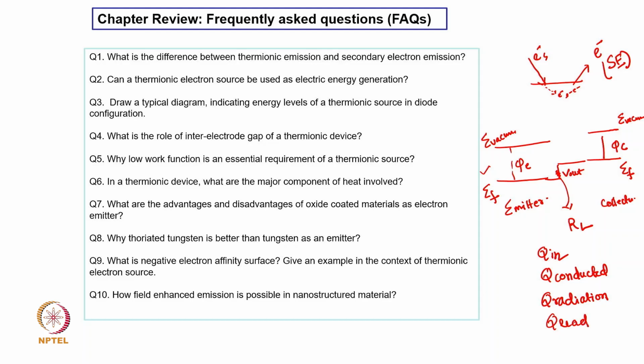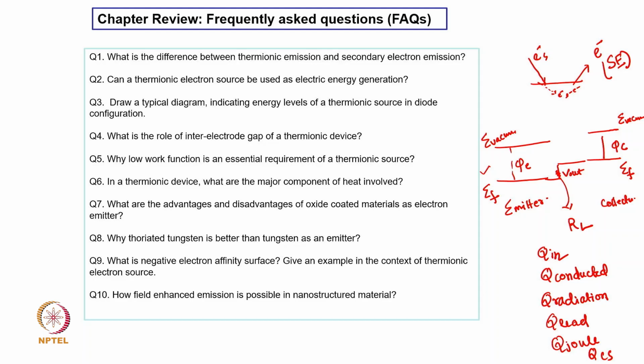As current passes through the circuit, there will be a loss of heat, or the Joule loss. And if we put any cesium vapor in that, it will also conduct heat. So, we have another heat component, Q cesium.